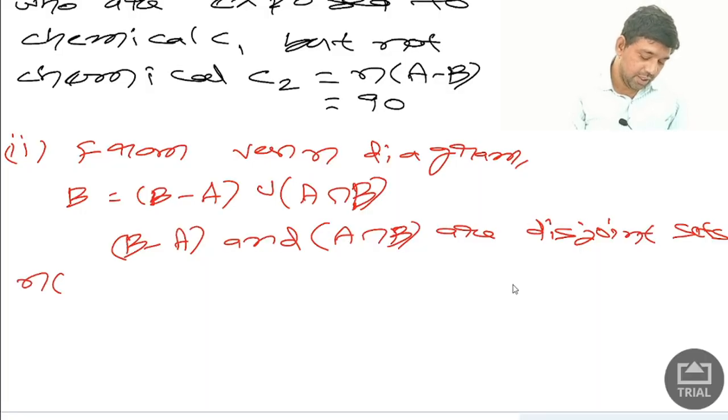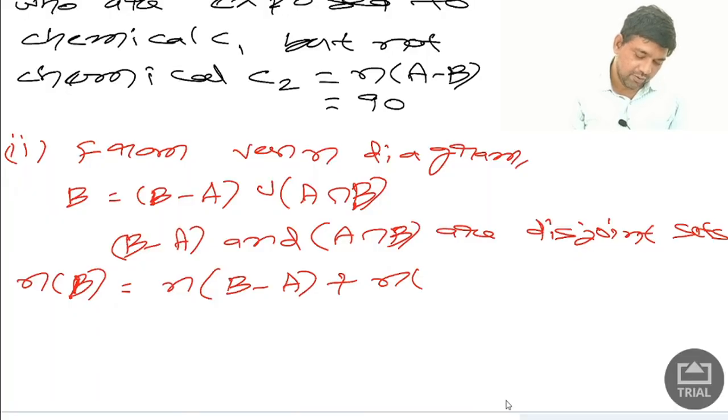So if I take N of B, it will be like the previous one: N of B minus A plus N of A intersection B.